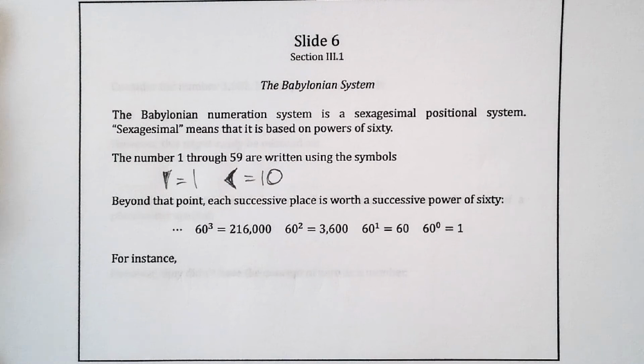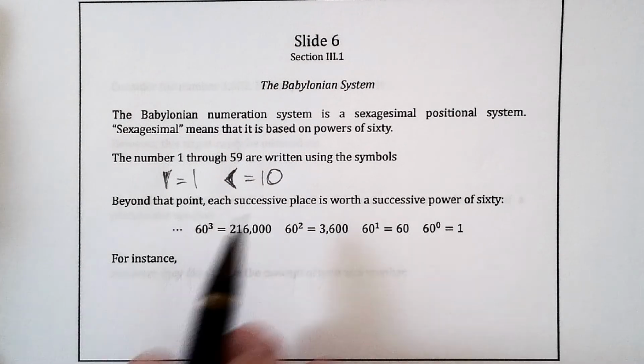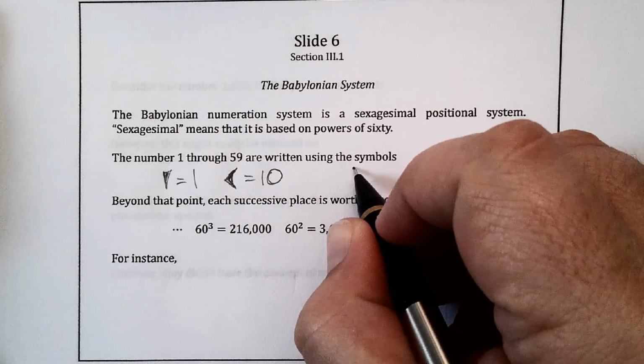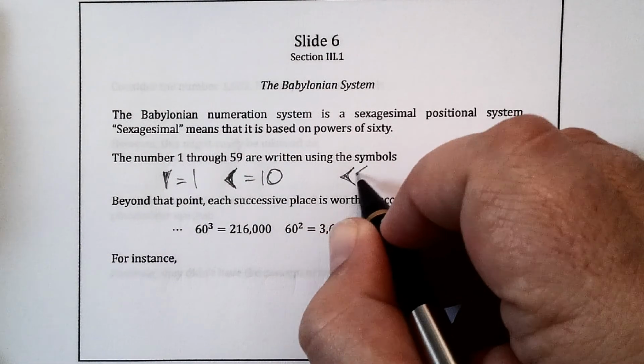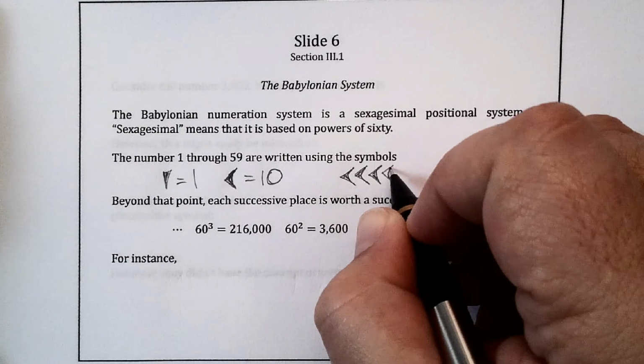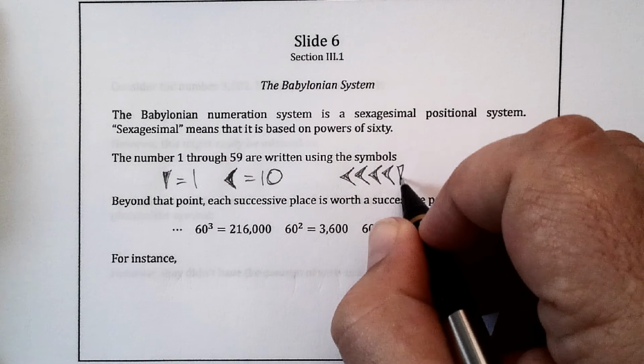And then you would combine them to represent other numbers, just like you did with Roman or Egyptian. So for example, if I wanted to represent, let's say, 43, I need 4 10s and 3 1s.